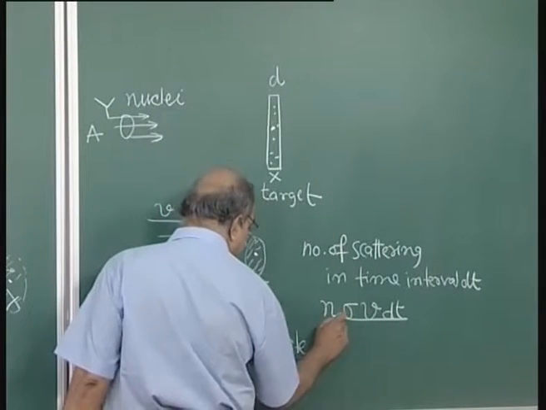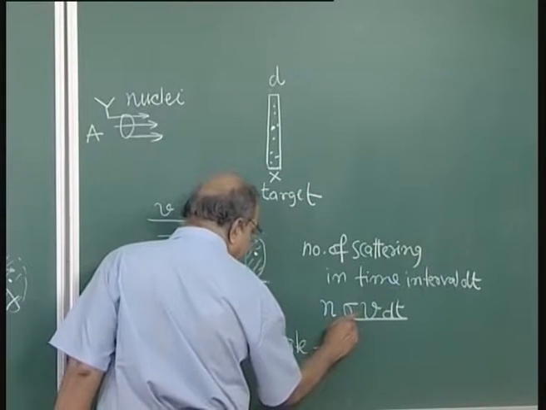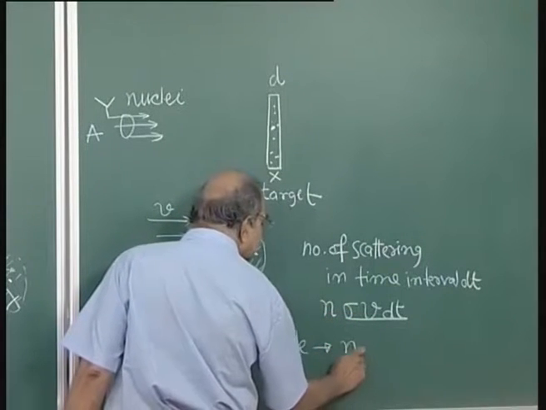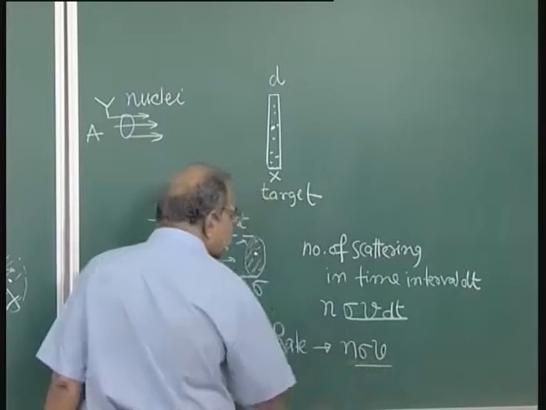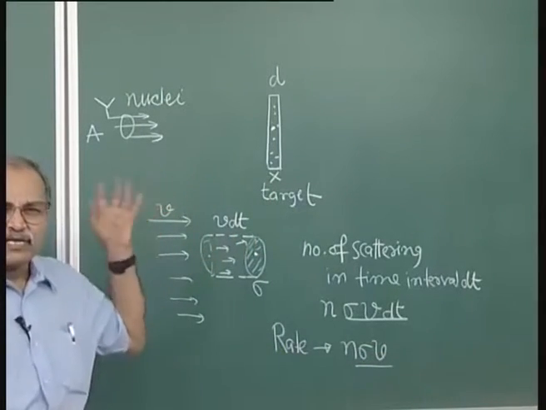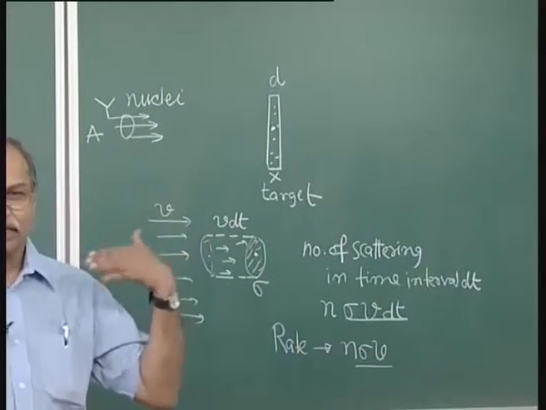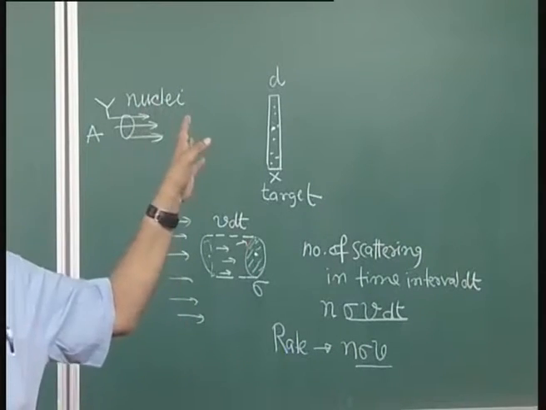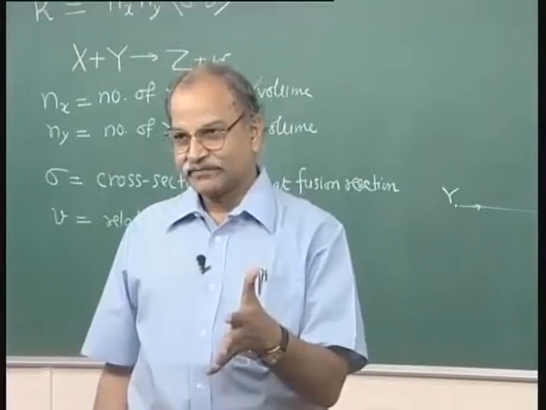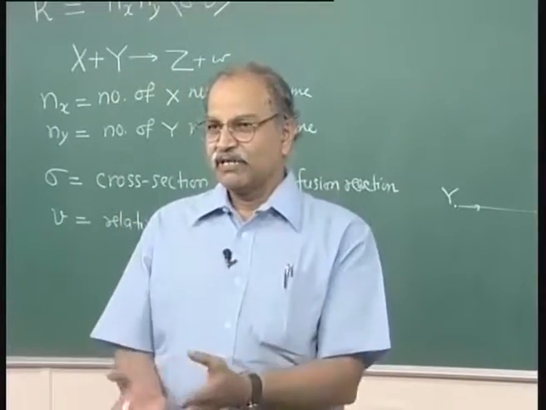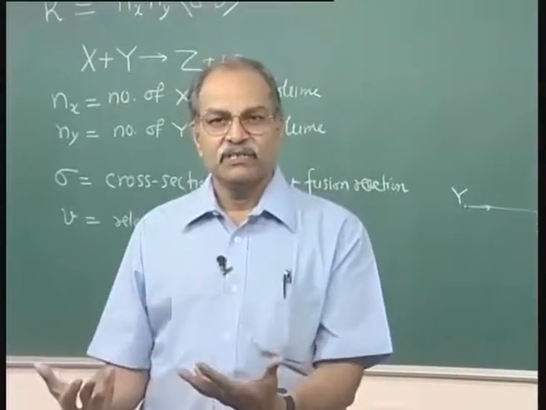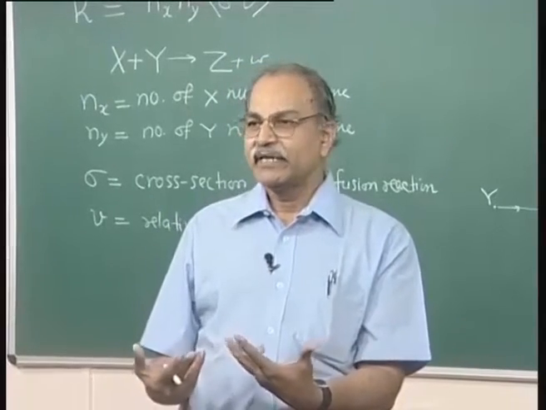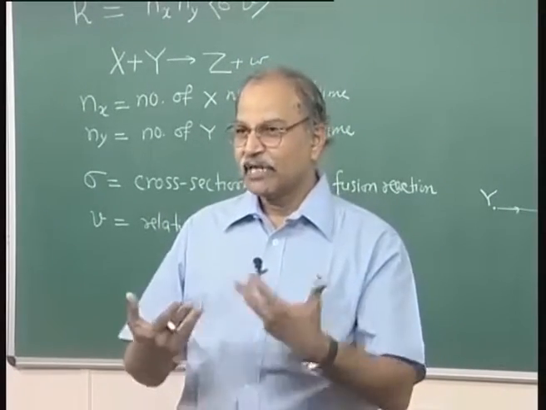be proportional to the concentration and sigma and v. So that sigma v essentially comes from this. Now, in thermonuclear fusion, the case is slightly different. You do not have a solid target. It is a volume in which you have both the x and y nuclei in gaseous form, in plasma form.